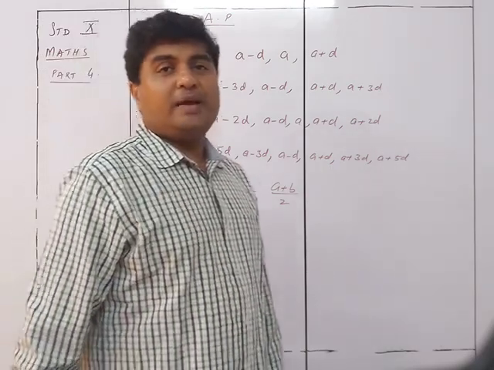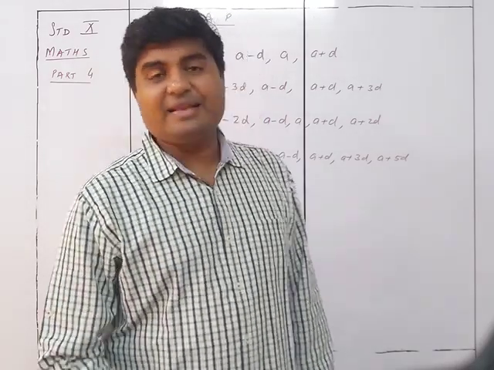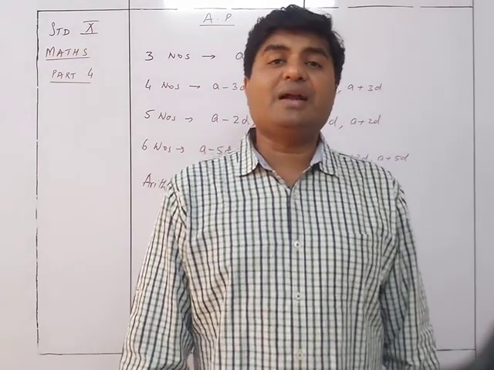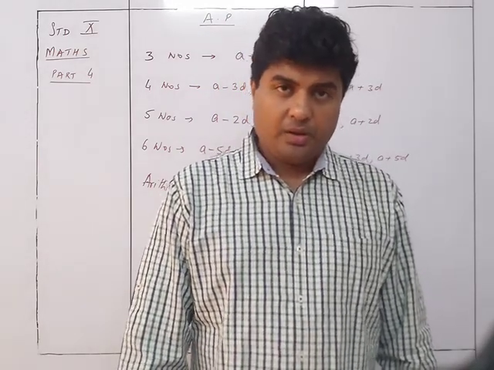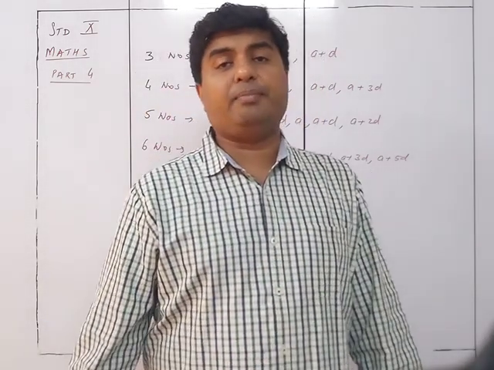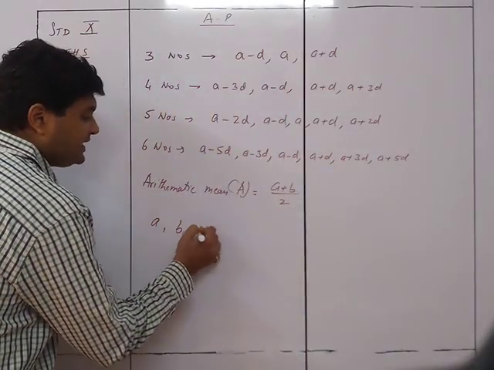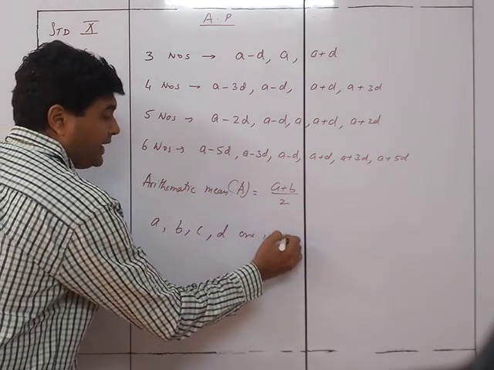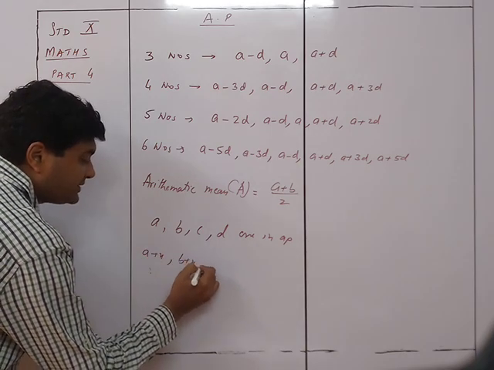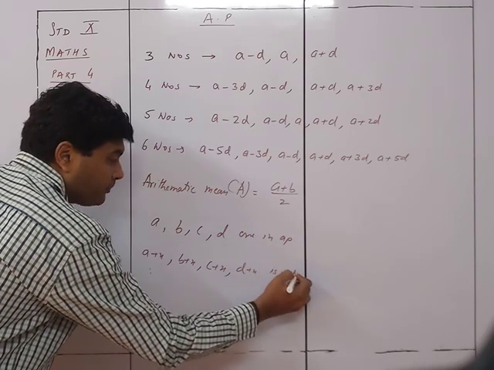There is also one important property about the AP: if the series is given to me in AP, then if I add the same number to all the numbers or subtract the same number from all the numbers, the resultant will still be in AP. Similarly, if I multiply each and every number with the same number, the result is still in AP. So if A, B, C, D are in AP, then A plus X, B plus X, C plus X, D plus X is in AP.